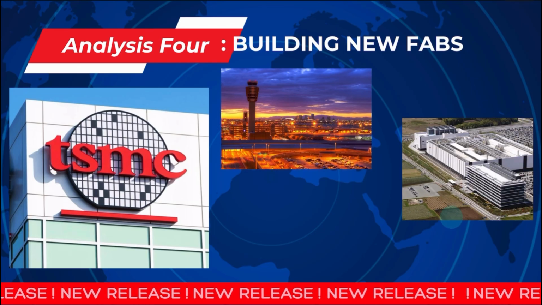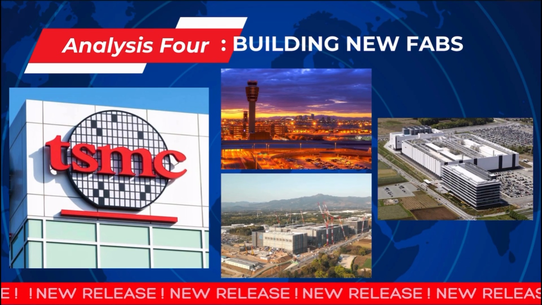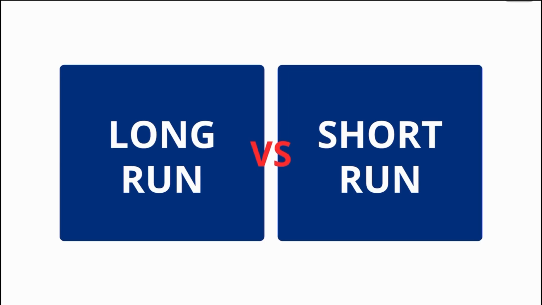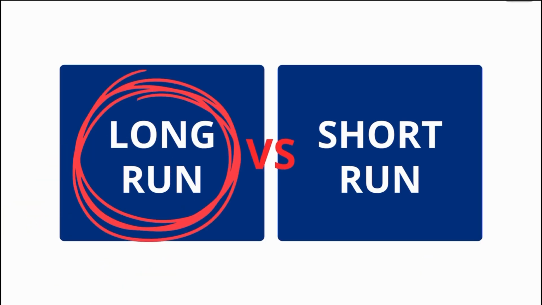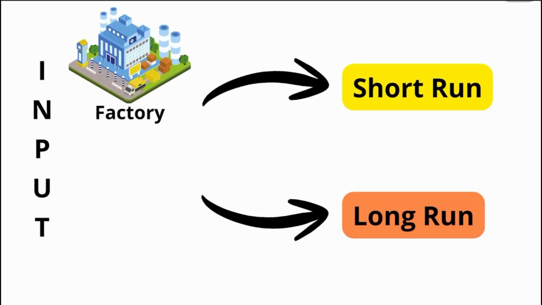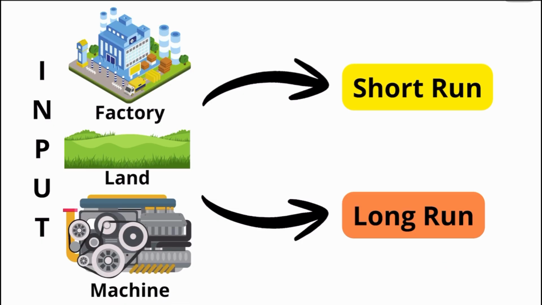TSMC has recently built new fabs in Arizona, Kumamoto, and Dresden. So, are these long-run decisions or short-run decisions? They are long-run decisions. In the short run, at least one input, such as capital, factories, or major equipment, is fixed.